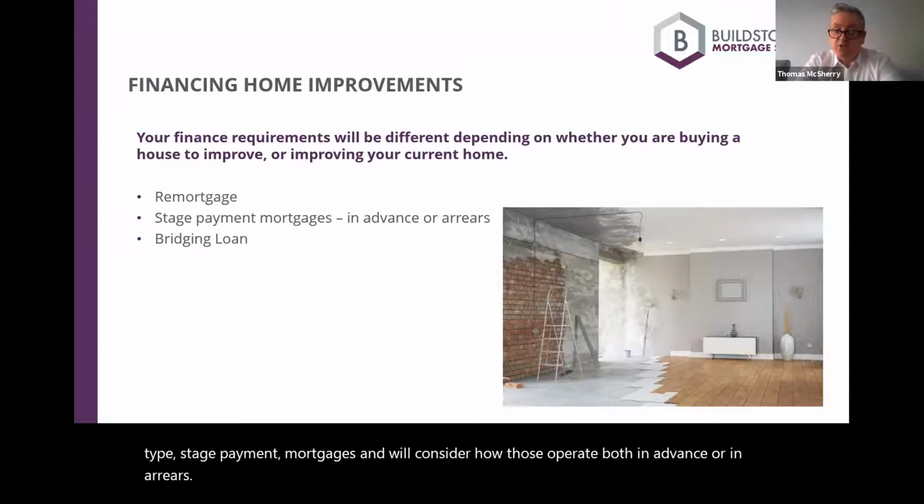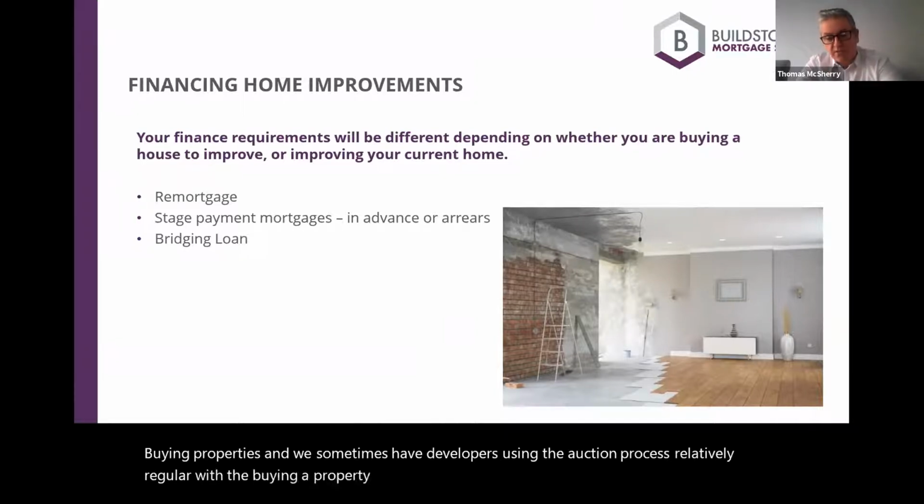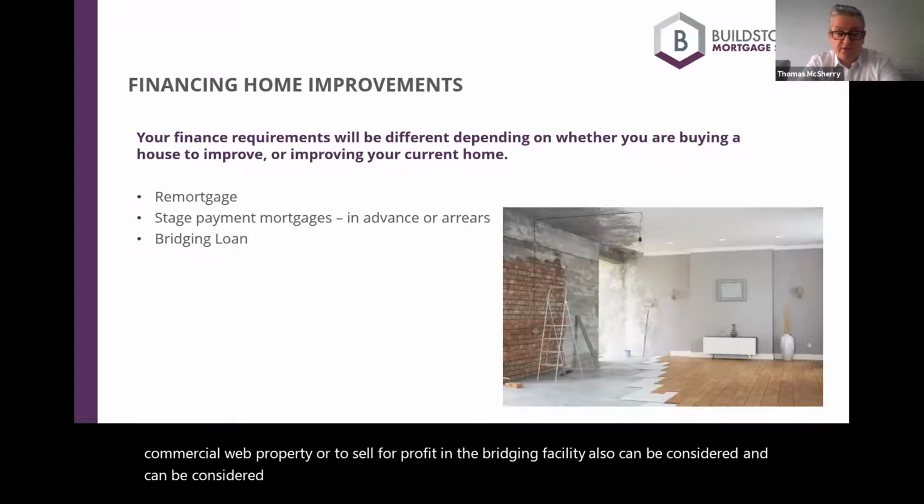Buying properties, and we sometimes have developers using the auction process relatively regularly, where they're buying a property to do it up relatively quickly, turn it over into either a commercial let property or to sell for profit. Then the bridging facility also can be considered and can be considered for your own main residence. And we'll look at some examples.